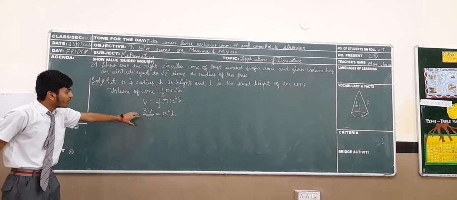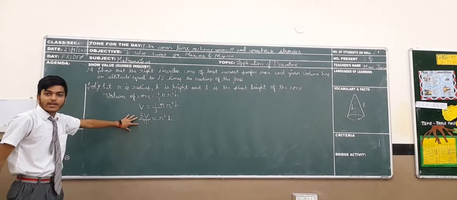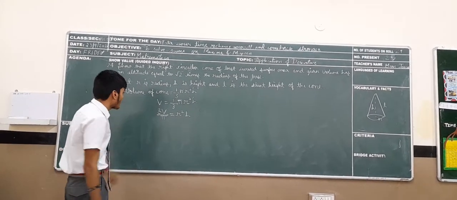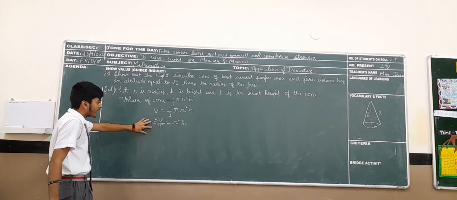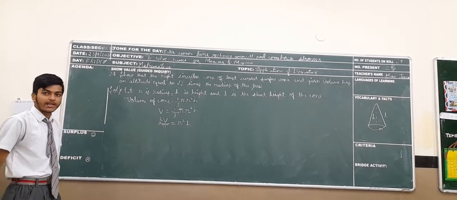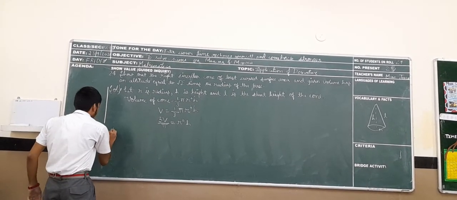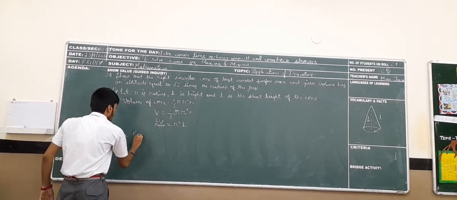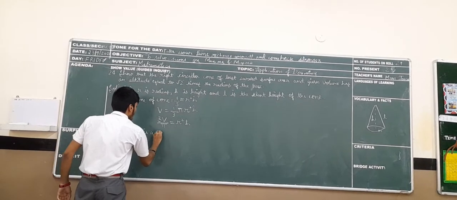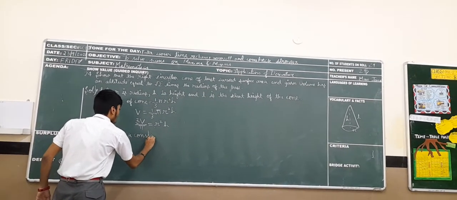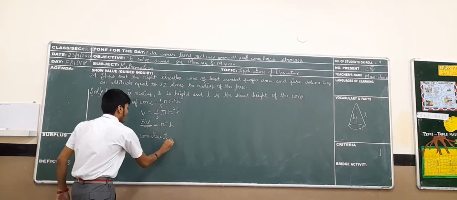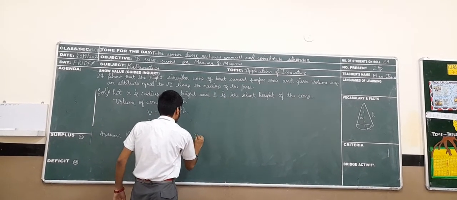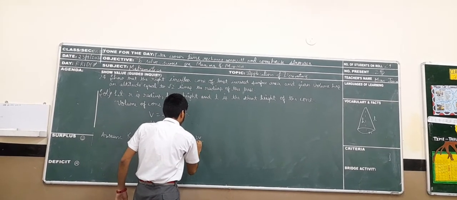Now we assume that this 3V by pi is a constant, and that constant is k, because if we consider k, our further calculation will be easier. Write it: assume k is a constant and k is equal to 3V by pi.